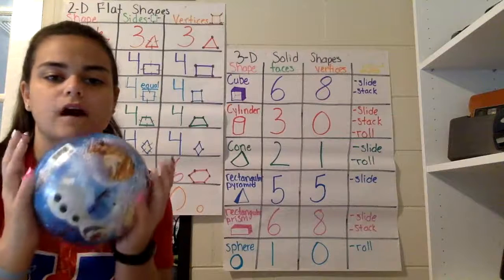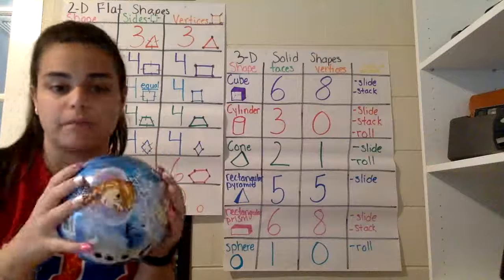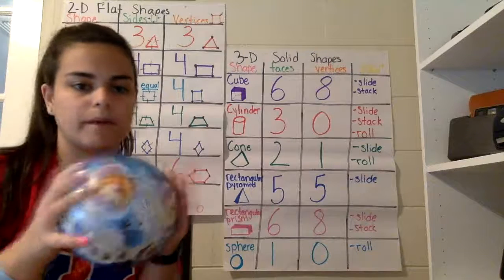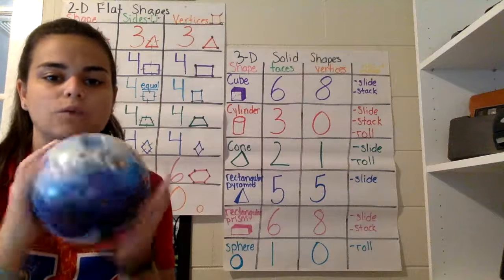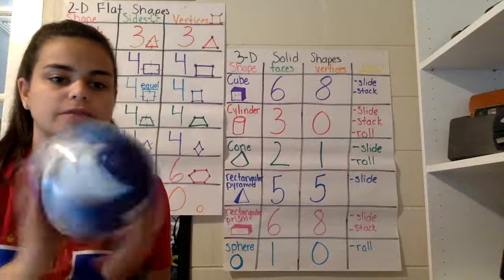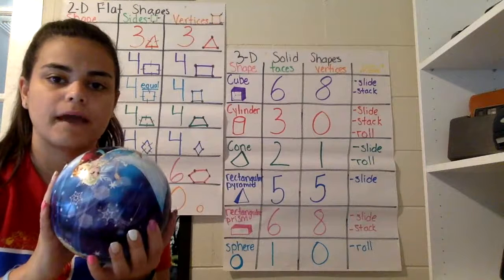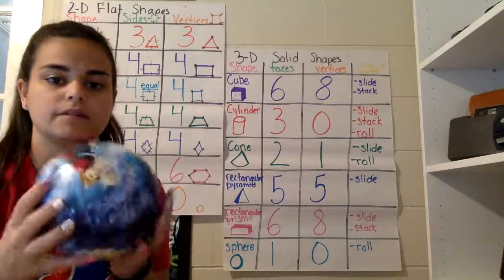Maybe you have lots of spheres around your house. Maybe you have a basketball, a volleyball, a softball, a baseball. Those are all spheres. It has one curved face, no flat sides, and it has 0 vertices because it does not have any points.